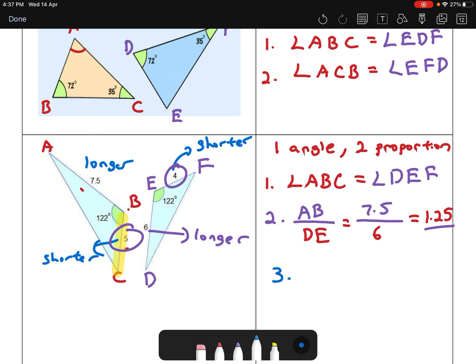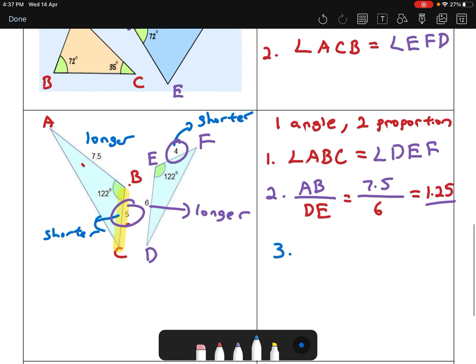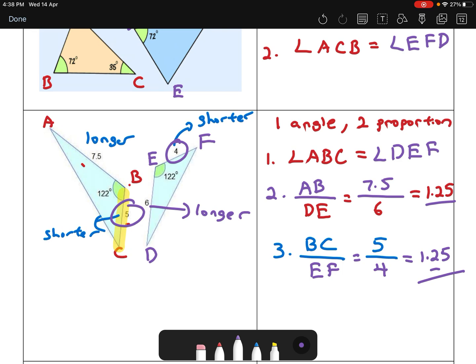Number 3. The length of BC divided by the length of EF. BC is about 5, EF is about 4, so 5 divided by 4, I should get 1.25. You can see that the ratio is the same.